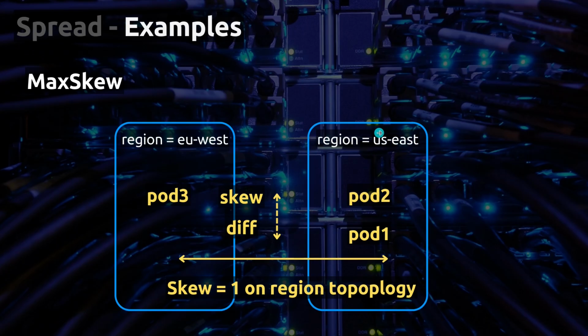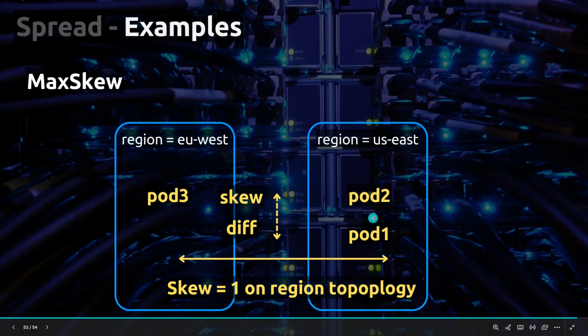But if, for example, I scale up my deployment, I want to have 4 replicas inside this deployment, which manages this pod. In fact, for this new replica, because I need to have 4, the scheduler will check the skew spreading and say, okay, my MaxSkew is set to 1.